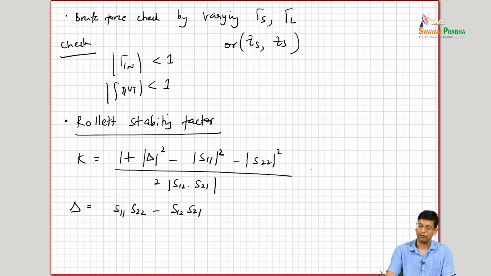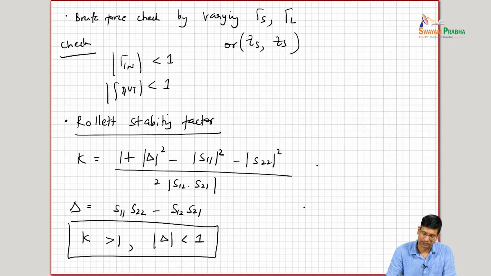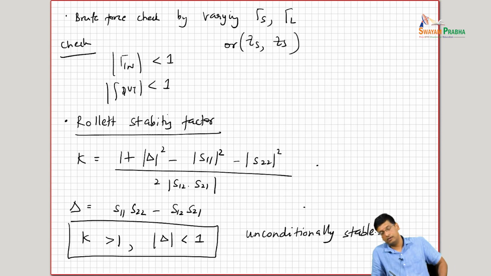So you first compute these two parameters and then you check if K is greater than 1 and delta's absolute value is less than 1, right. If these two conditions are satisfied, then you are unconditionally stable. So now we have added another step to our amplifier design.